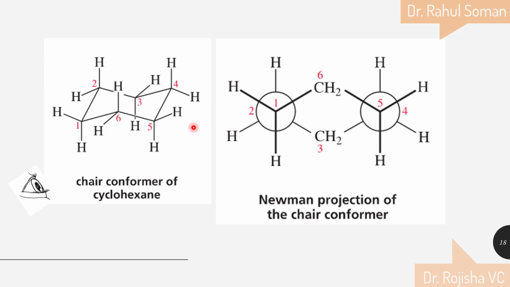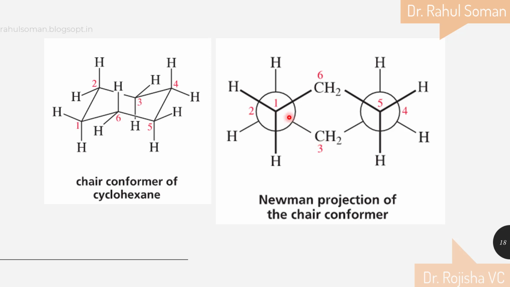Carbon 1 is in the front, the sixth is coming above and the third is coming below. So in the Newman projection of the chair conformation, three bonds will be up and three bonds will be down. That is reflected here in the Newman projection.